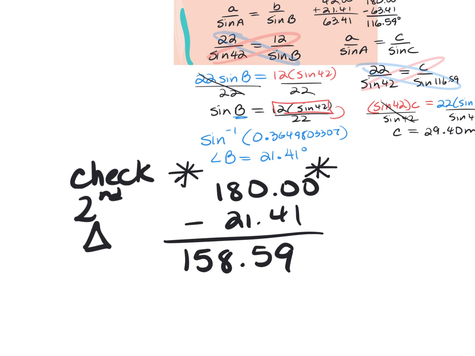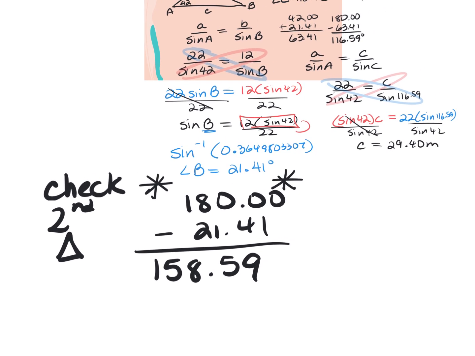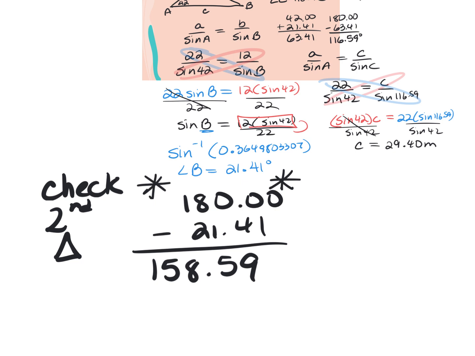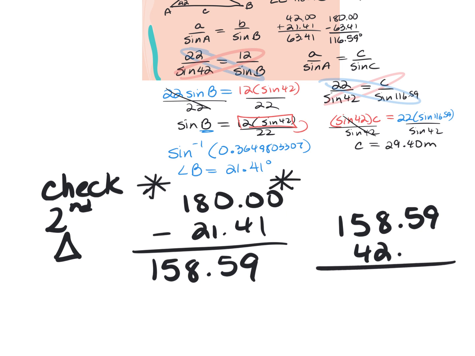If you can form a second triangle, this is going to be the angle B of the second triangle. But what I need to do is take that difference and add it to the original given angle, which was 42. Notice once I add this, I get 200.59.